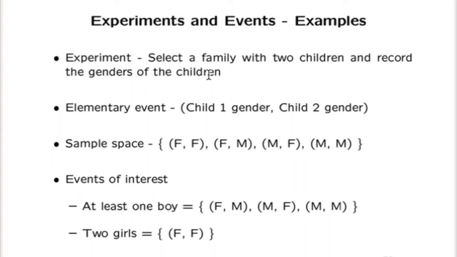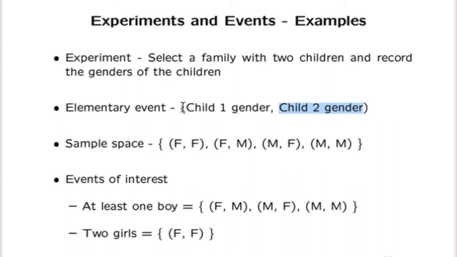And so an elementary event for this experiment would be an ordered pair consisting of the genders of the 2 children. So we can think of the first coordinate being the gender of the younger child, and the second coordinate being the gender of the older child.